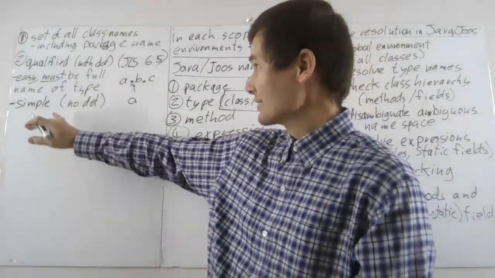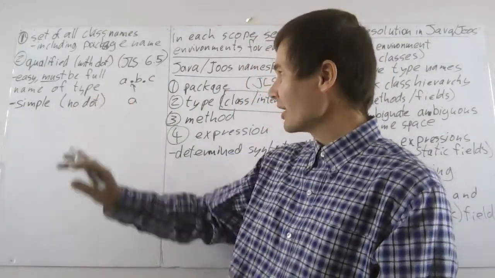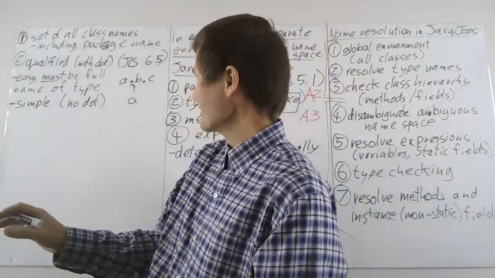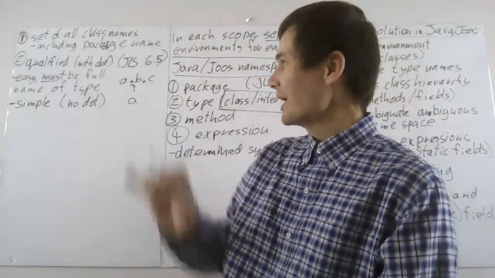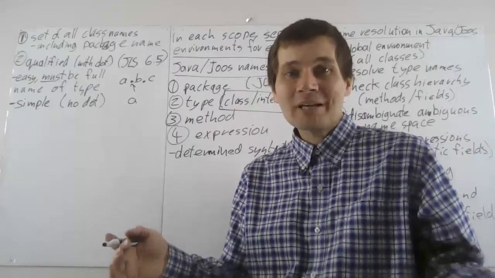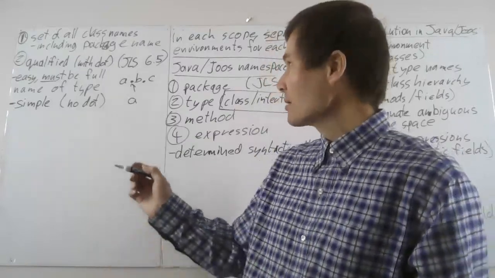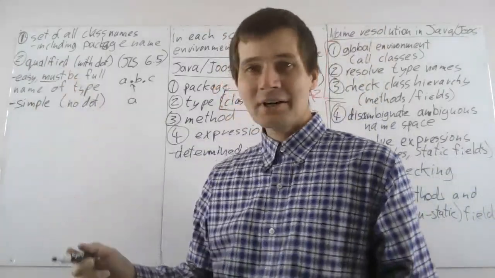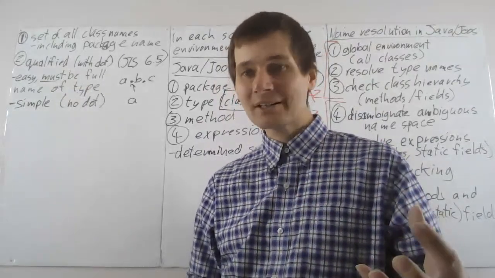So for a simple type name, if there's not a dot, then it's not so easy. But I want to say, in many other languages, if you have a qualified name, that doesn't automatically make it easy, right?